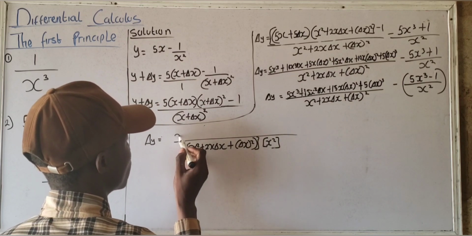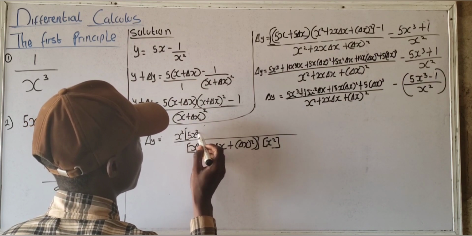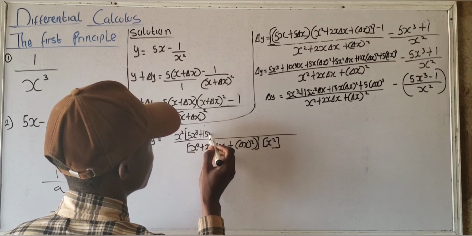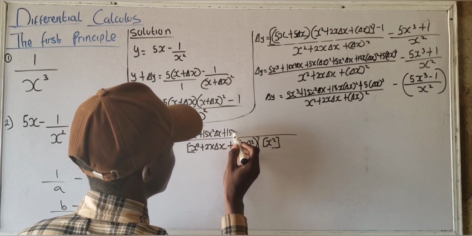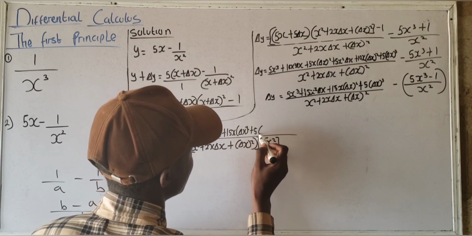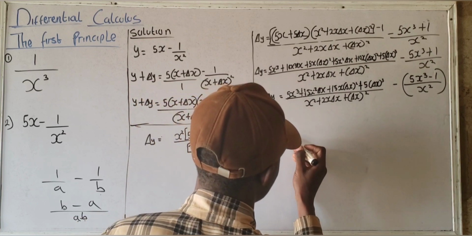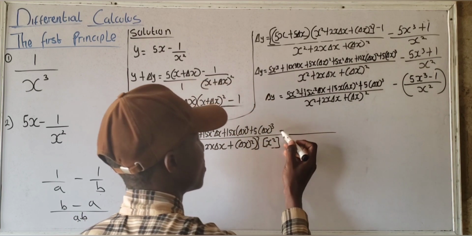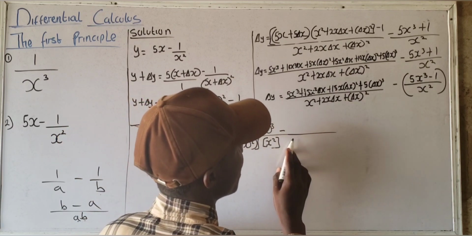I'm going to have x squared into bracket 5x raised to the power of 3 plus 15x raised to the power of 2 delta x plus 15x delta x squared plus 5 delta x raised to the power of 3. Okay, minus, now this negative sign is what you see here.